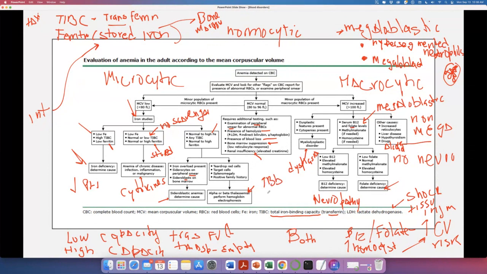elevated bilirubin, decreased haptoglobin. What is haptoglobin? Well, this is a protein that is circulating in blood, and it normally binds hemoglobin. Okay, if red blood cells are broken, let's say you have a certain amount of haptoglobin in blood.